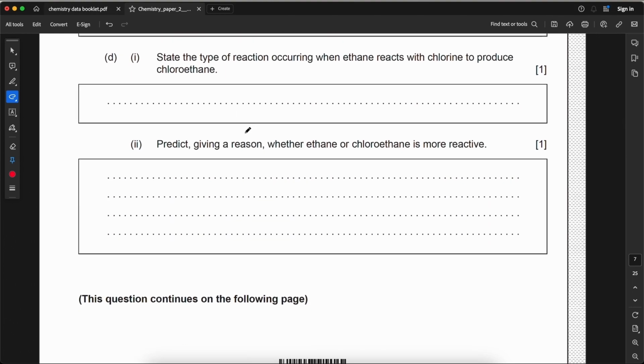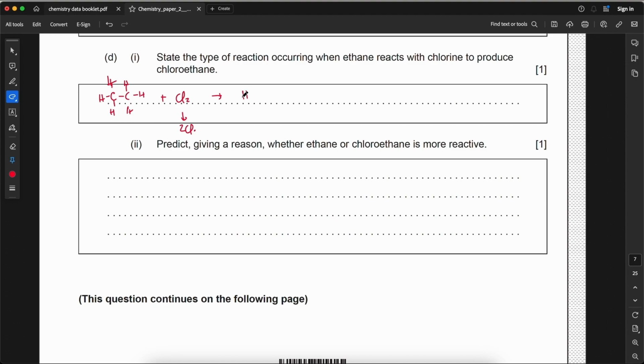State the type of reaction occurring when ethane reacts with chlorine to produce chloroethane. So ethane, C2H6, reacts with Cl2. This Cl2 should split and produce two chlorine radicals.